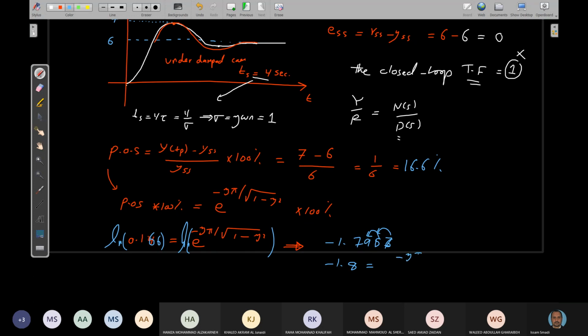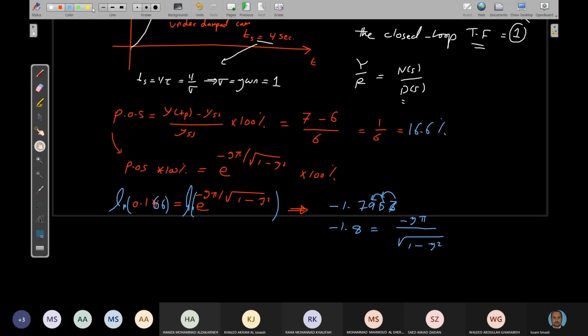Then I will have minus zeta pi over square root of 1 minus zeta square. Can you help me to solve this equation to find zeta? Someone will say 1.8 square equals zeta square pi square over 1 minus zeta square.